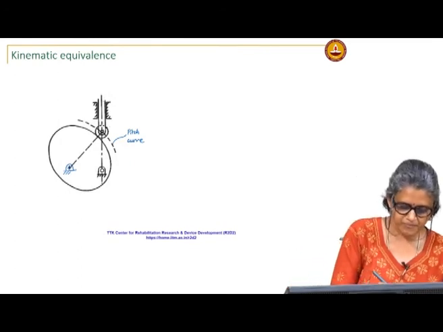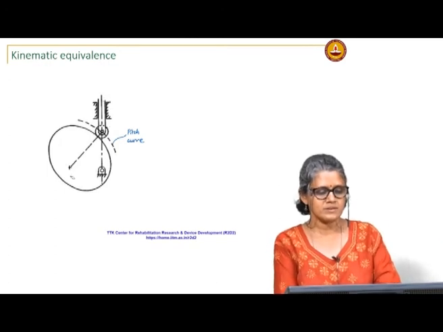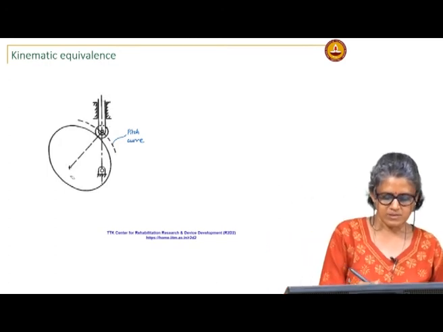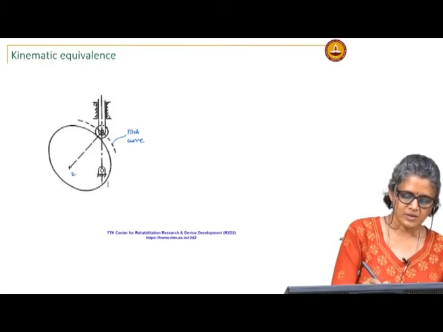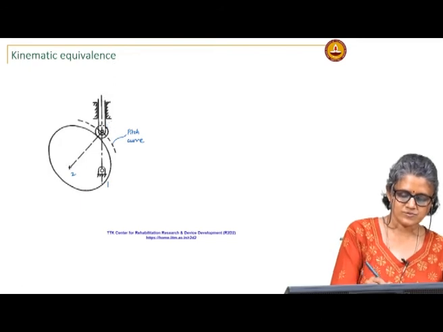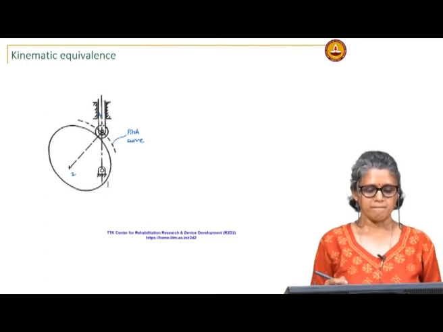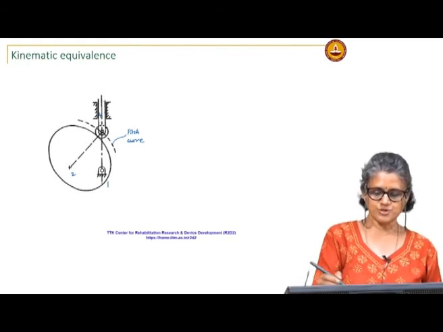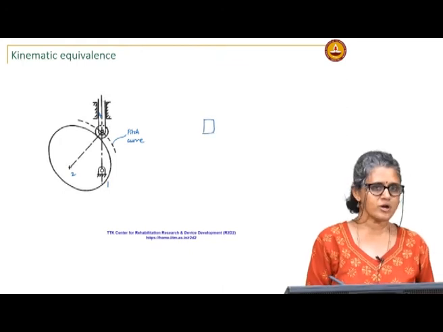Sorry, this is not fixed. I have 1, 2, and let us just call this 4. What is the nature of motion of 4? 4 is essentially a block.